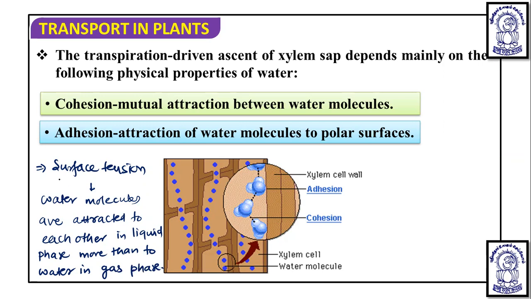So this surface tension is also responsible, and these properties give high tensile strength, which is the ability to resist a pulling force, and also help in high capillarity, which is the ability to rise in thin tubes, due to which the water column is maintained.